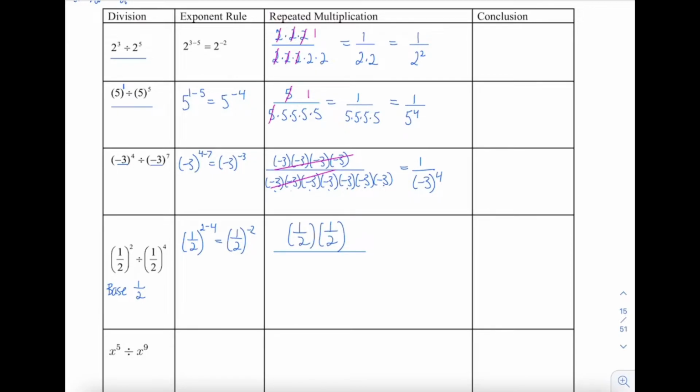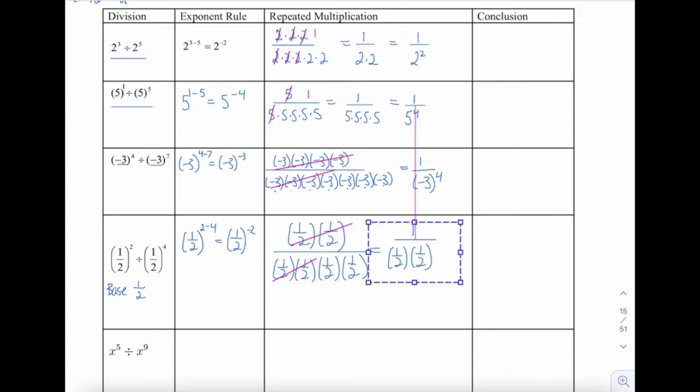So what I do is I repeatedly multiply 1/2, 2 times in the numerator, 4 times in the denominator, and I am going to cancel out 2 fractions, and I get 1 over 1/2 times 1/2, which I will write as 1 over 1/2 squared.